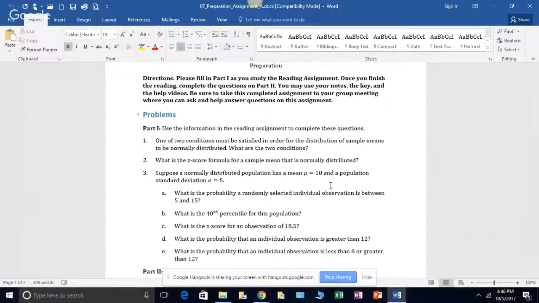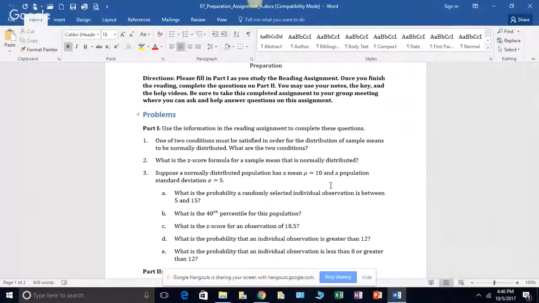I put z equals value minus mean divided by standard deviation. Yep. Divided by bar X minus mean, divided by standard deviation divided by square root of sample size. That is correct. That's what I have.